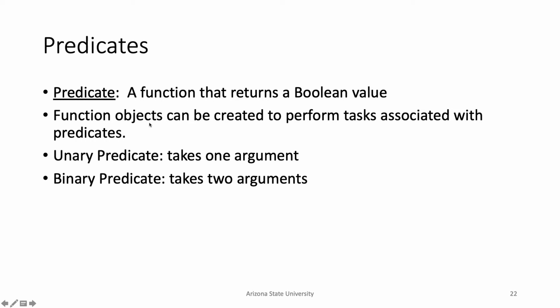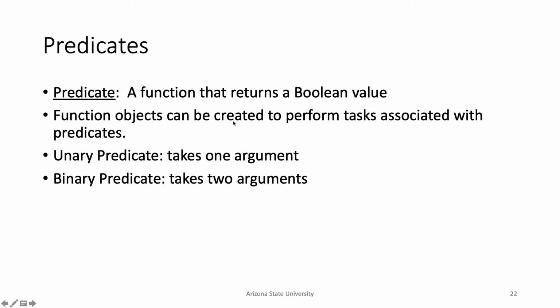You can pass these function objects into some algorithms in the library, and then it does the right thing. We'll see examples of this. So a predicate is basically a function object to perform some task and return some Boolean value.